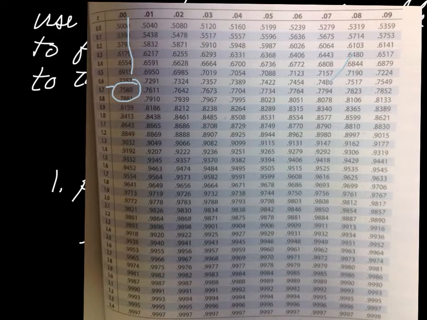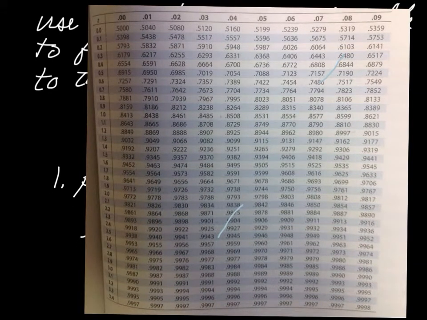I thought I could shrink my table back up, but I can't, so I'll just write the rest of the problem on top.